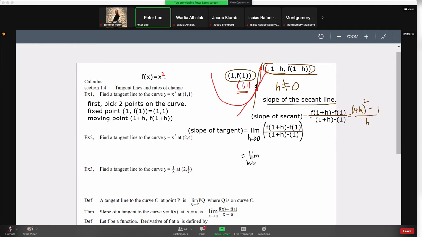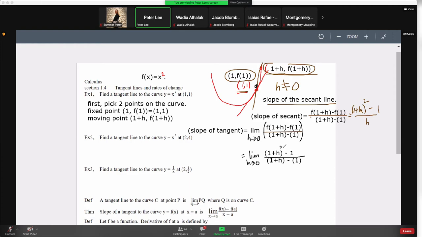Now what is this expression here? This expression is going to be 1 plus h squared. So let me write (1 plus h) squared, minus 1, and then over h, and this is (1 plus h), and then minus 1. I need to put a square here.